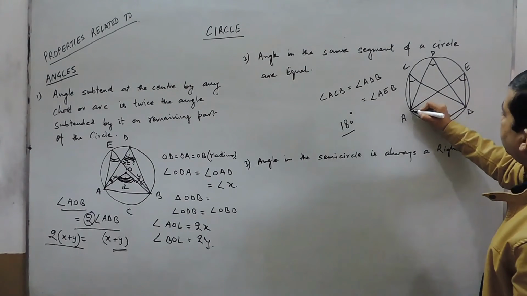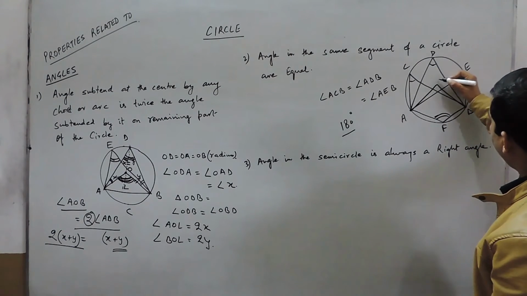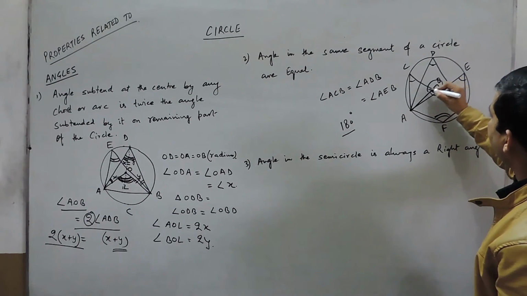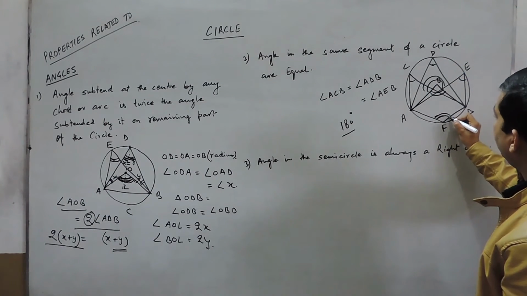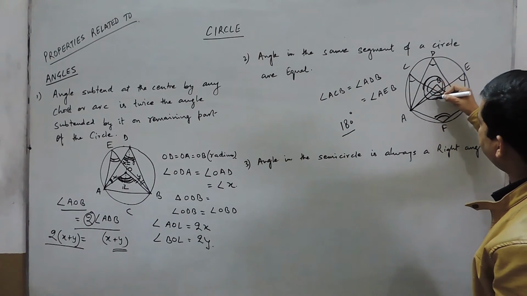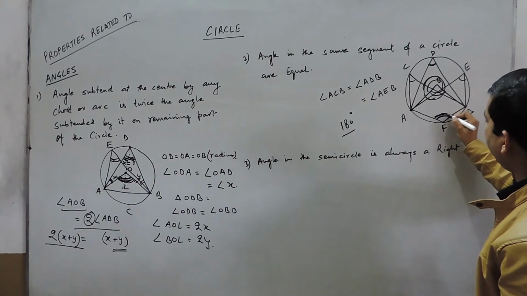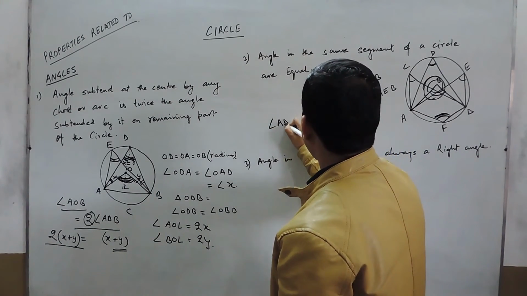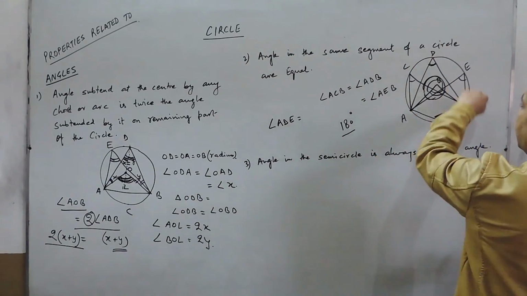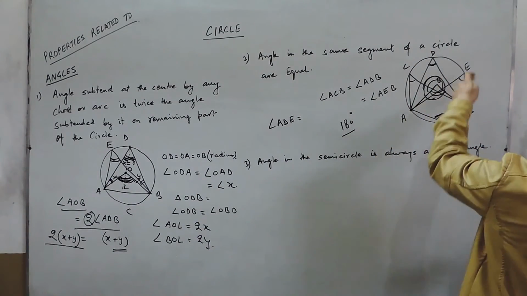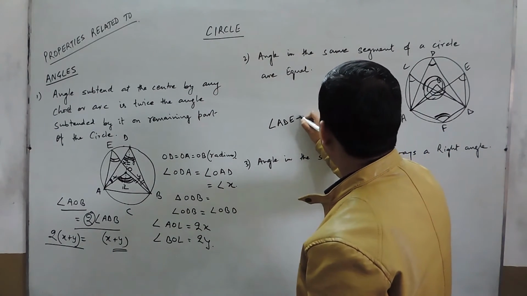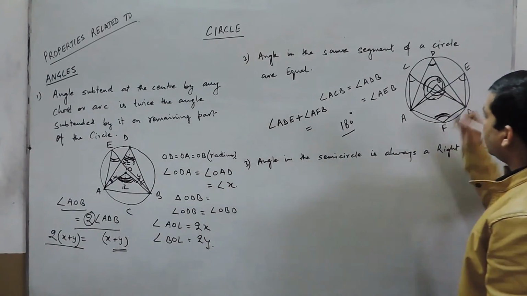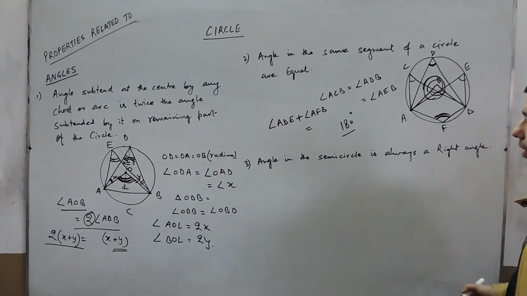The reason is that the angle at the center is double of this, while this angle is double of this. If the complete angle at the center is 360, then the sum of the angles made on the different segments must be 180. So angle ADB, or any angle in the same segment such as ACB or AEB, plus angle AFB, must sum to 180 degrees.